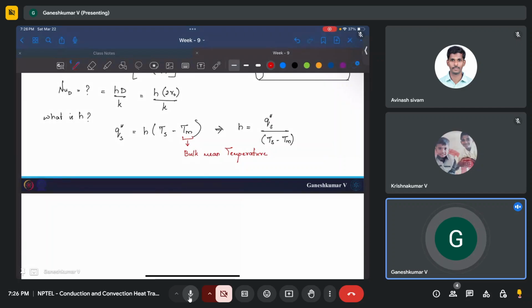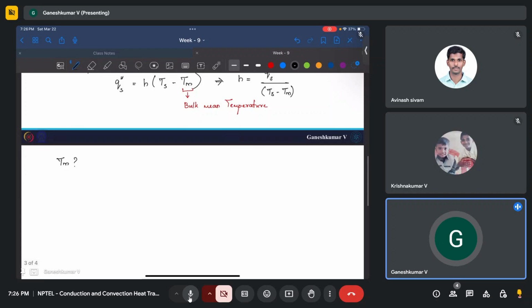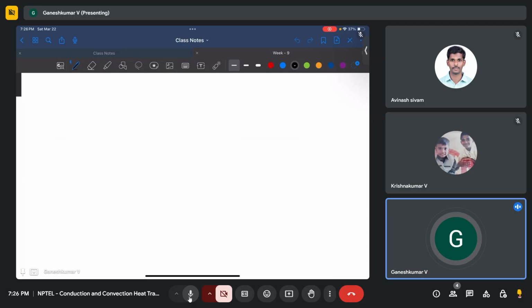Once we know these two, we can find h, and if we know h, we can find the Nusselt number. That is the way we are going to solve it. So first, let's try to find Tm.